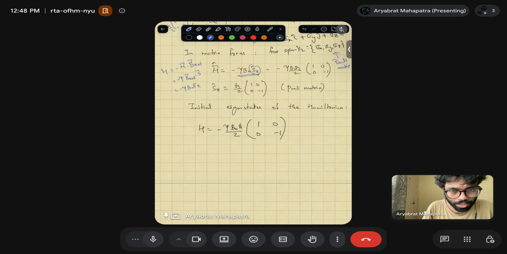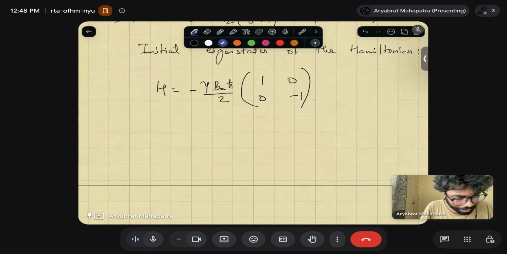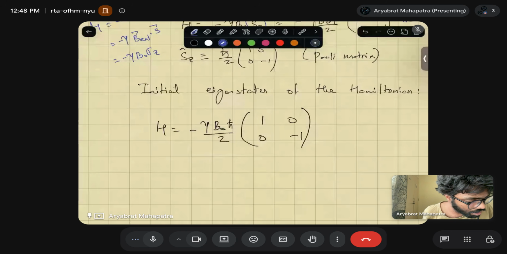Now for this Hamiltonian, I can write eigenstates. When we are talking about eigenstates, you have this matrix, so you can take the eigenstates. The eigenstates for this one are easy to know, because if you see the matrix, it is just minus gamma b naught h bar by 2 sigma z.